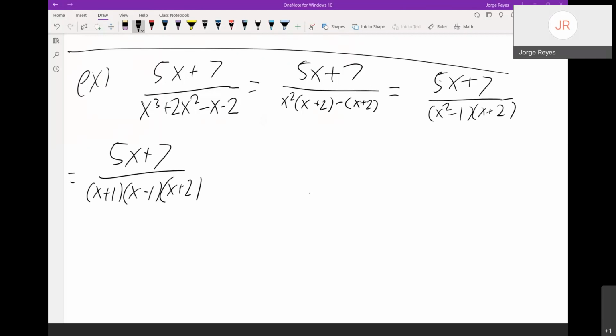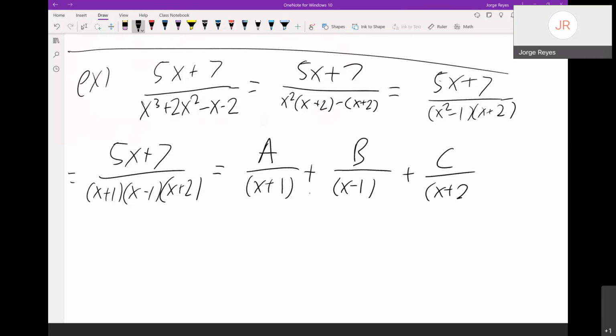And what we're going to do is try to find the partial fraction decomposition. So we just put letters here, and our goal is to find what A, B, and C are. Now, to solve this, we multiply both sides by the denominator, x plus 1, x minus 1, x plus 2.